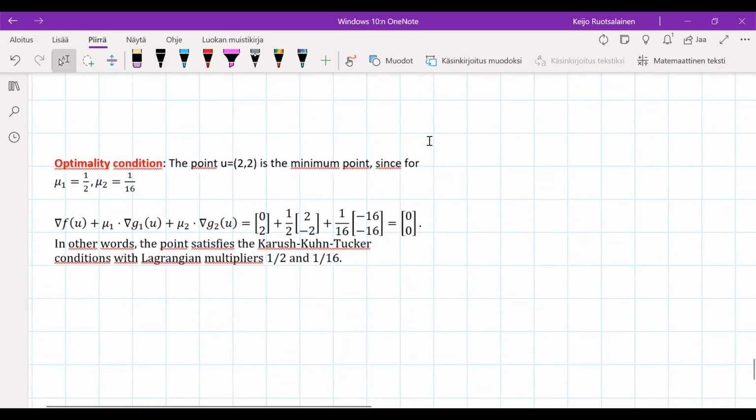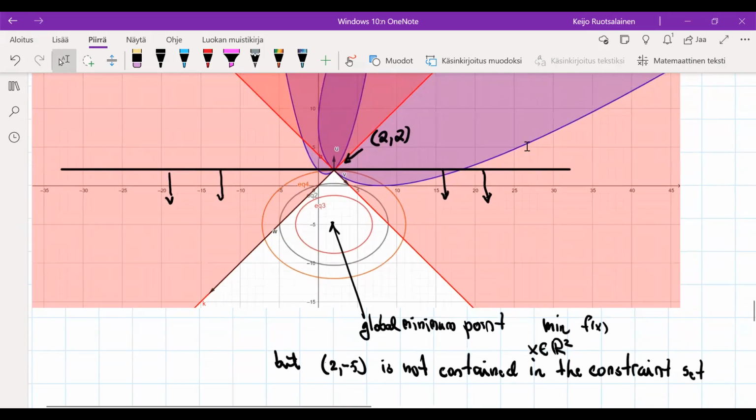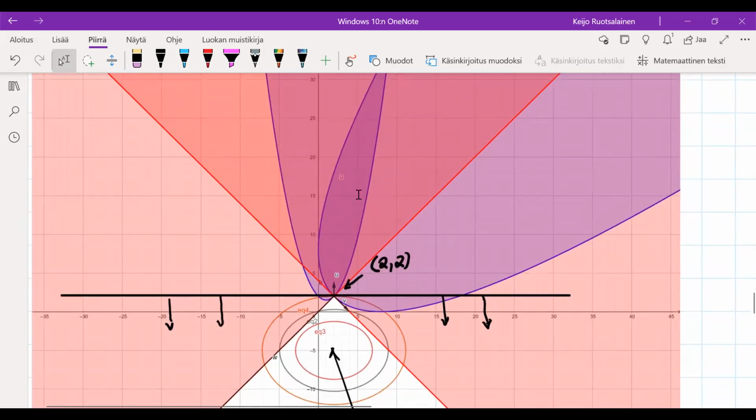So let's return back to our original problem. I had these two constraints here. So two intersecting parabolas, the constraint set here.